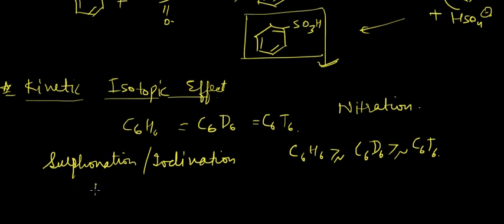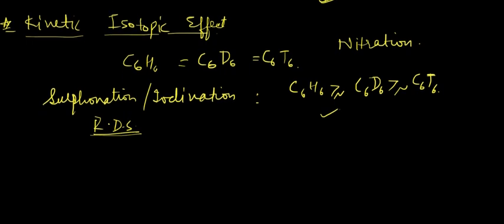And although in its RDS also there is no involvement of the C–H, C–D or C–T bond anywhere, because we are just adding the electrophile to the phenyl ring, still some other external or indirect factors influence the rate of sulfonation, and hence the kinetic isotopic effect can be seen in sulfonation and iodination.